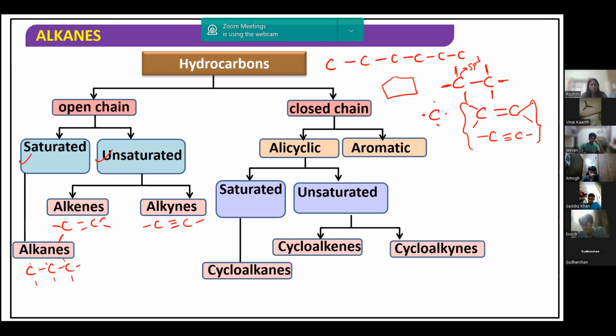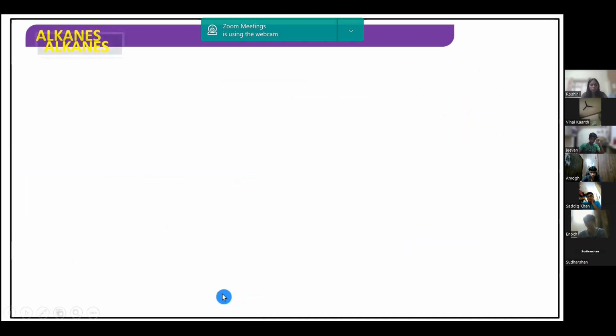Whereas cycloalkanes means the carbons are bonded in a cyclic manner. Say if I take C like this, and write all carbon-carbon single bonds, and carbon has a maximum of 4 bonds, here you will find this carbon is already bonded with 2 other carbon atoms, meaning the remaining 2 bonds it can have with hydrogen, and all the others have 2 bonds with hydrogen.